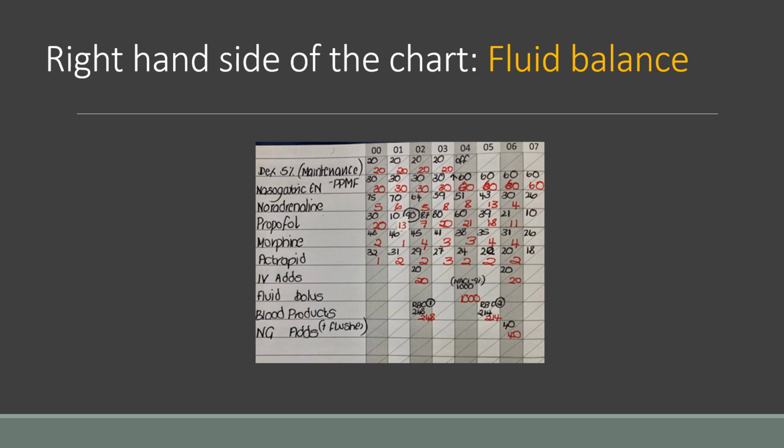All IV additions, all flushes, no matter how small, are also documented on here. So if you've given a 10 ml of antibiotic and you've followed it by a 20 ml flush, you would put 30 ml in for the IV adds. Each time a new syringe is put up, it should be documented on the fluid balance chart as the volume in the syringe, and then that's circled, as you can see there, for the propofol in 90 ml gone in, programmed into the pump.